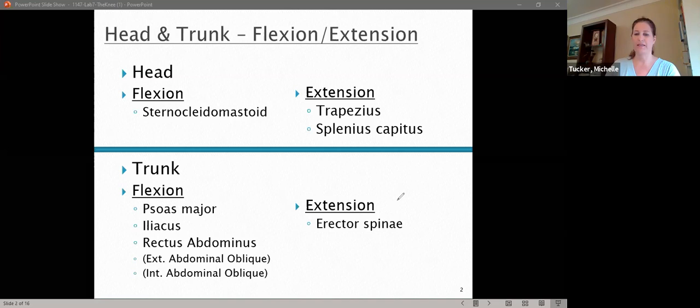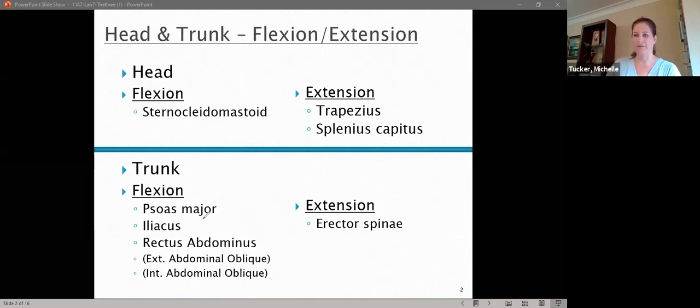So if we asked you for an antagonist of erector spinae, and you gave me any of these 5 answers, it would be correct. However, on the reverse, if I'm labeling a trunk flexor, I'm only going to label one of these 3 as a trunk flexor to ask what the antagonist would be.